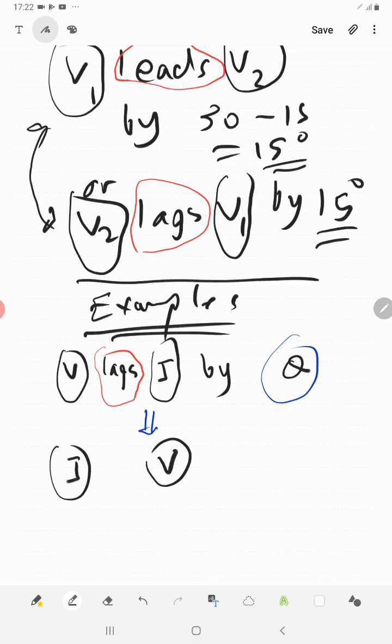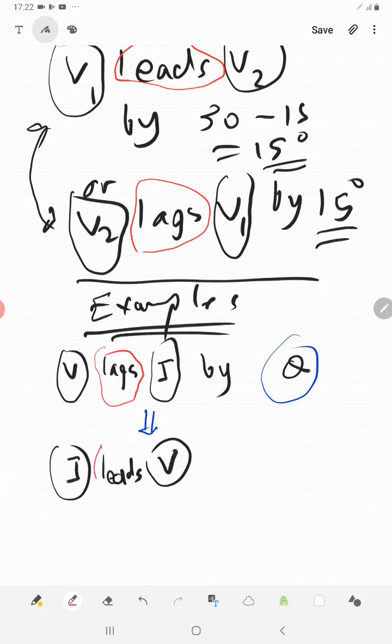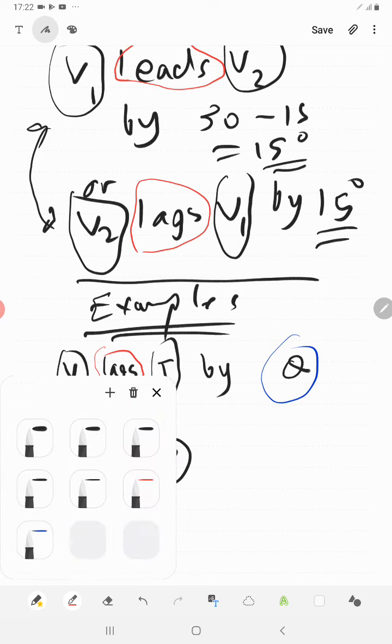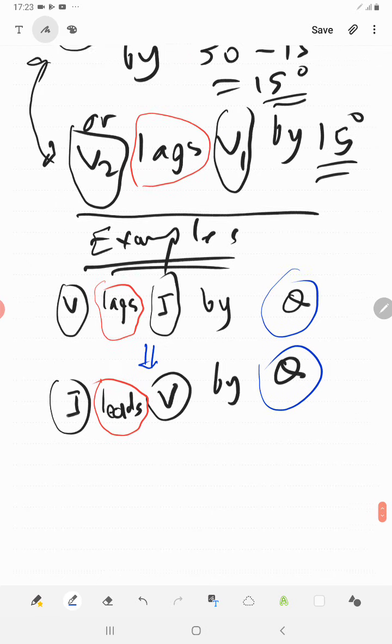We need another operation: we change lags to leads. So we did two operations, and we don't touch the other variable, which is theta. We say by theta, so it's the same theta.